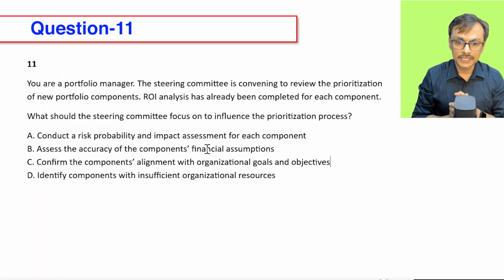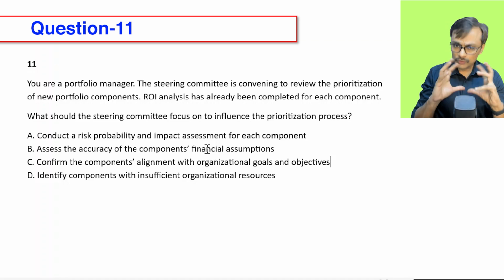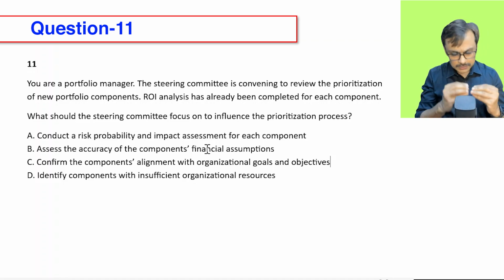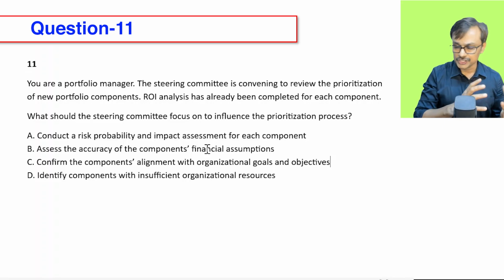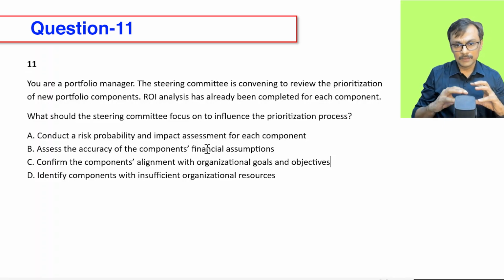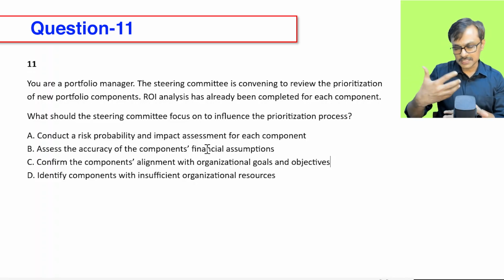Identify components with insufficient organizational resources. So you are saying this component has fewer people. We are not focusing on that. Overall, yes, you can consider your resource availability, your strength, your financial resources and other things as well. But when we look at the role of a steering committee, as a portfolio manager, I bring my analysis in front of them.